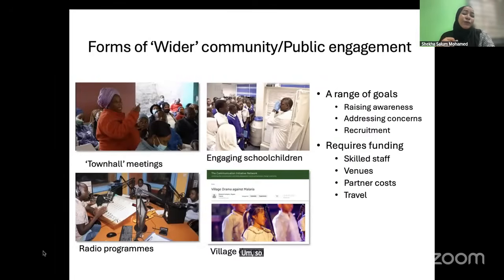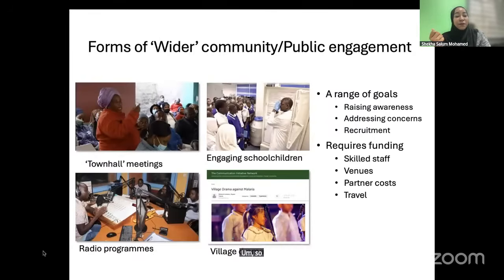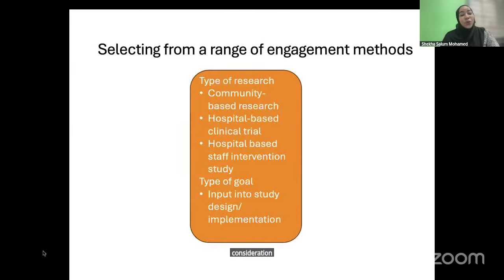Also for recruiting participants in the studies. It's important to bear in mind that these types of activities require funding, skilled staff, venues, and they may require other costs like implementing partners' costs, which need to be addressed. So it's very important to put all this into consideration.